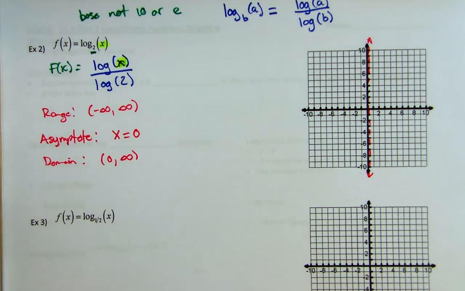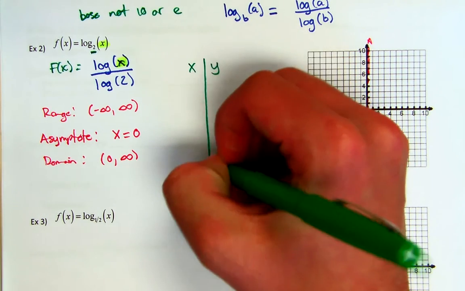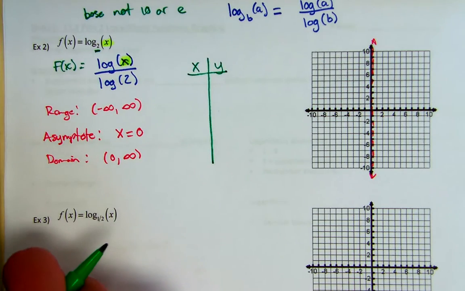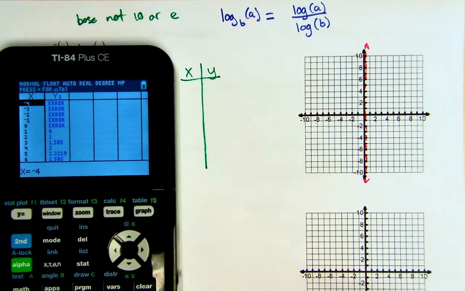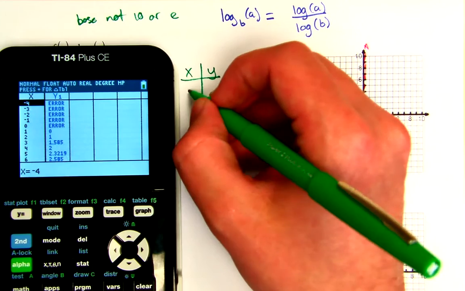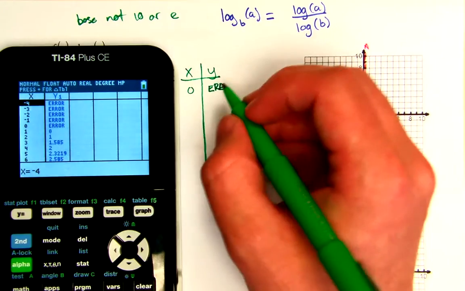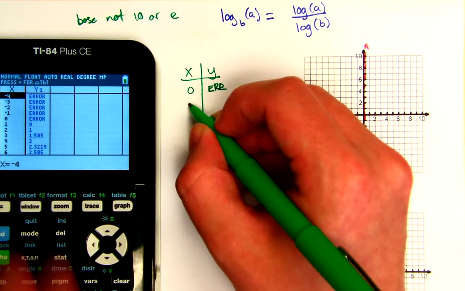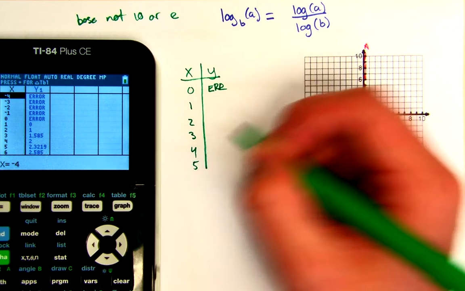I did not plot my asymptote, but let's do that now. Alright. Asymptote's there. Now let's get a table going. X, Y. So I'm going to hit second graph to get a table here. Again, I have an error at 0, so just to show that 0, there's an error. And then let's do positive 1, 2, 3, 4, 5.